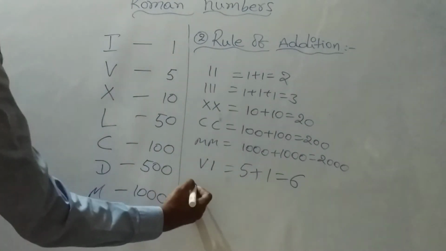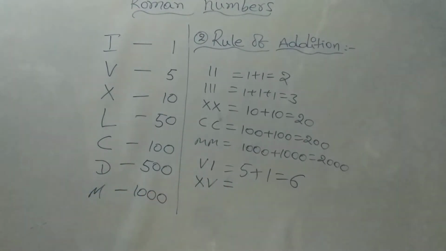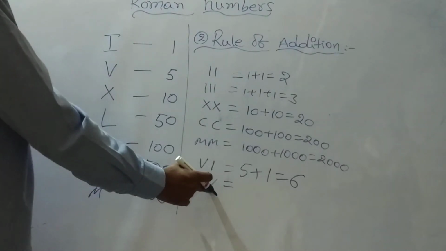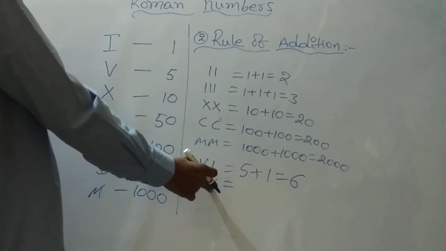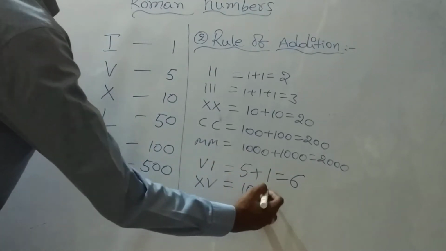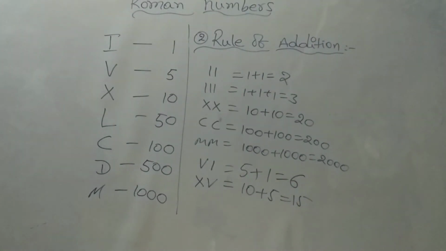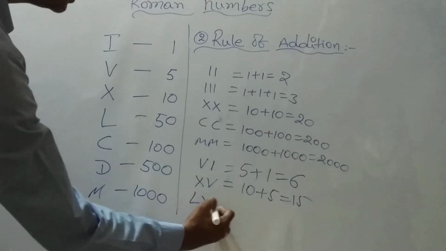Okay. Next, one more combination, XV. Now, larger symbol, smaller symbol. The smaller symbol is on the right side of the larger symbol. It should be added. 10 plus 5, that is 15. Okay. Next, one more combination, LX.